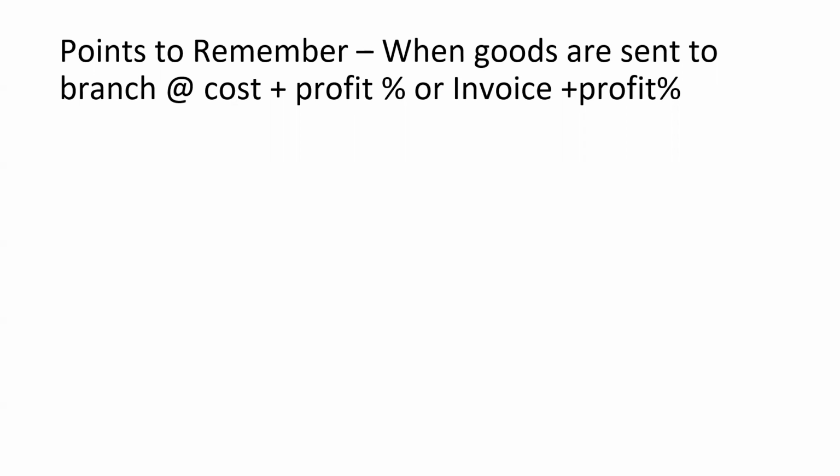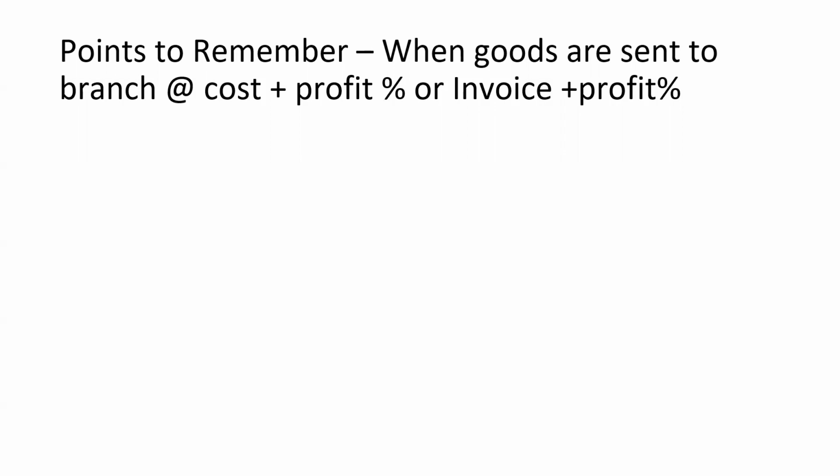Let us assume the head office sends the stock with no profit, then the branch will come to know what is the actual price of the stock. When the actual price of the stock is identified by the branch, the branch will know what profit is being made by the head office, which the head office doesn't want to reveal.